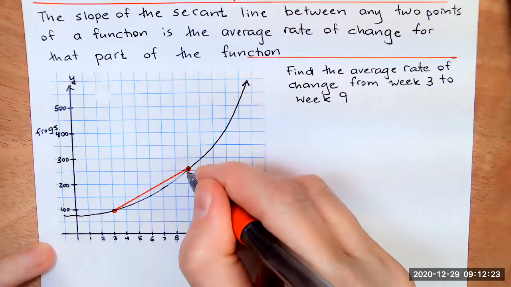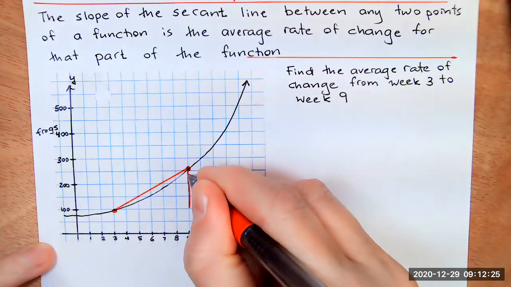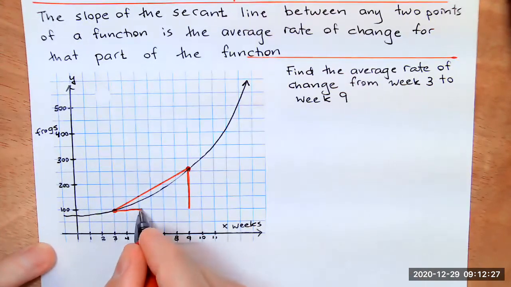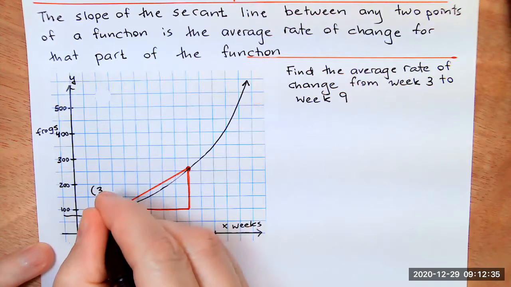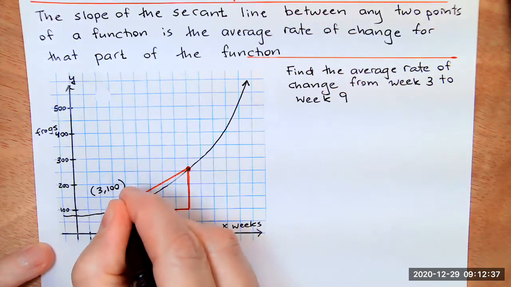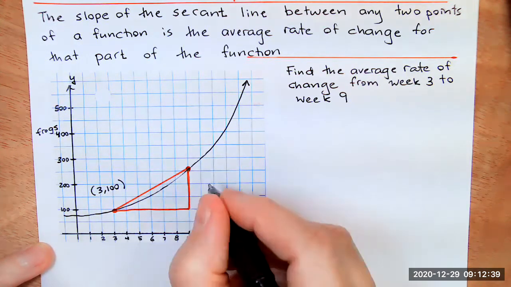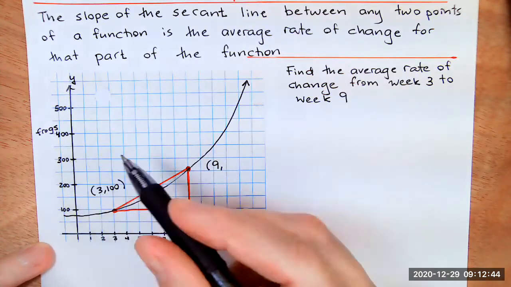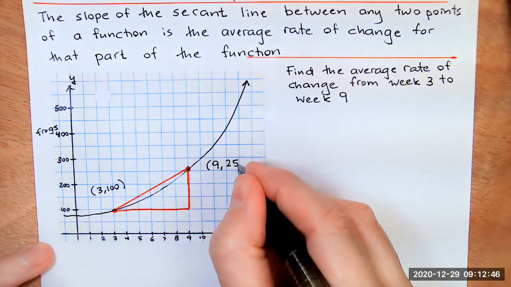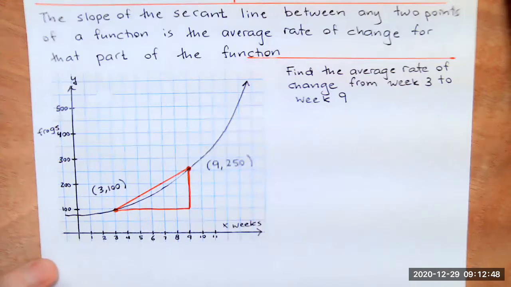We calculate the change in y and divide it by the change in x. So on week 3, there were about 100 frogs in the pond. On week 9, there were about 250 frogs in the pond.